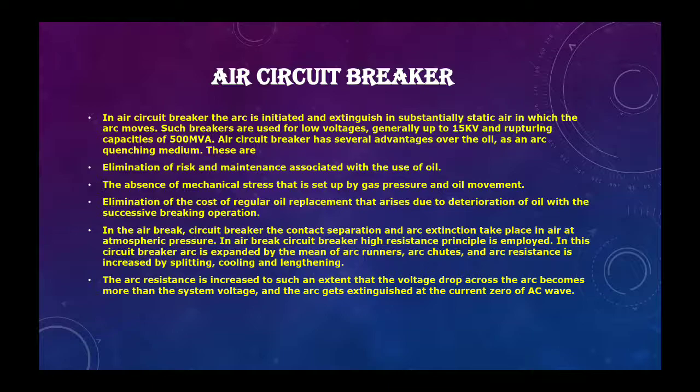The arc resistance is increased to such an extent that the voltage drop across the arc becomes more than the system voltage, and the arc gets extinguished at the current zero of the AC wave.